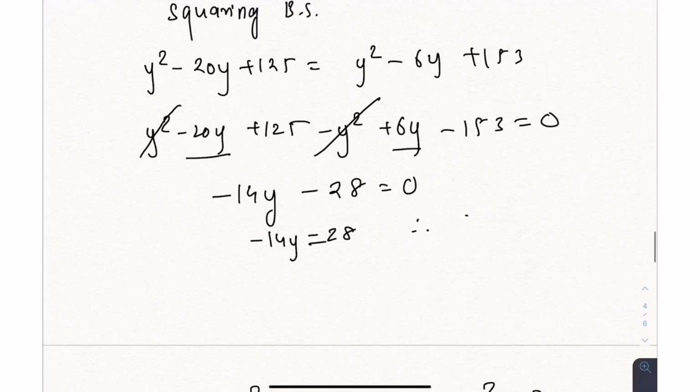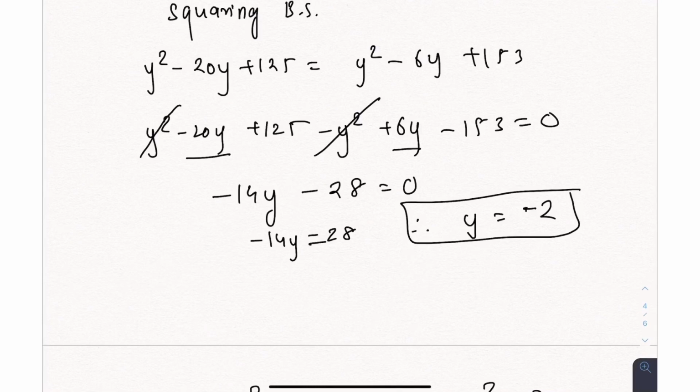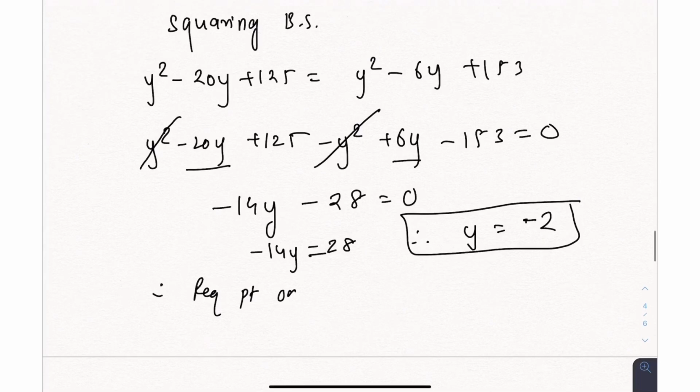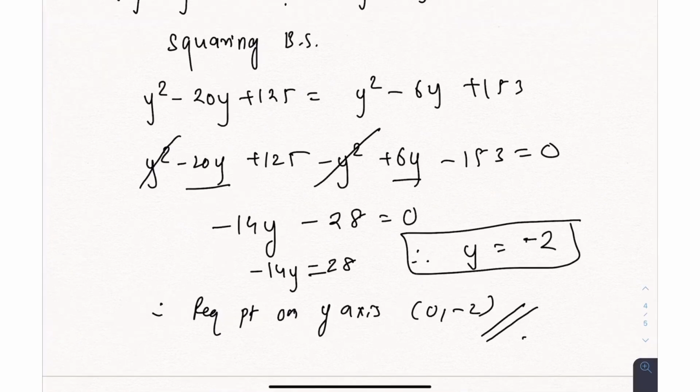Therefore, y is equal to minus 2, because 28 upon minus 14 is minus 2. Therefore, the required point on the y-axis is 0 comma minus 2. So this will be the final answer.